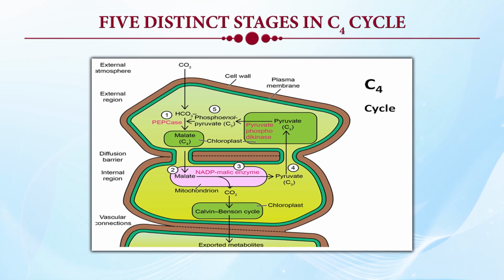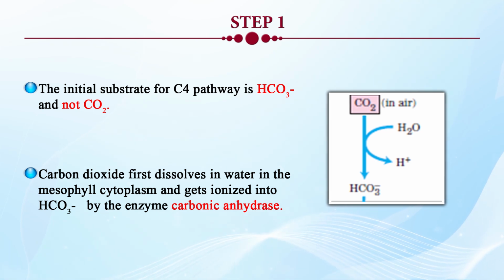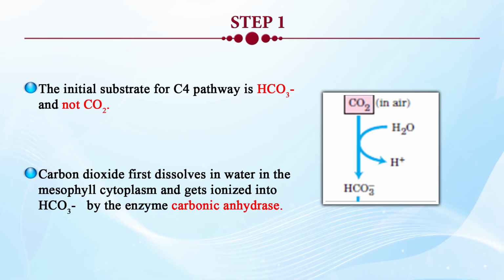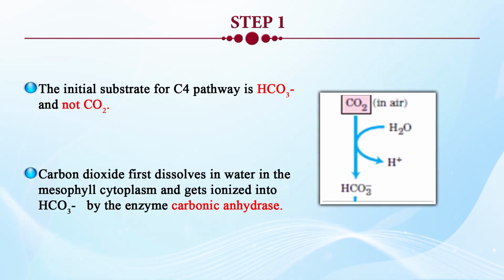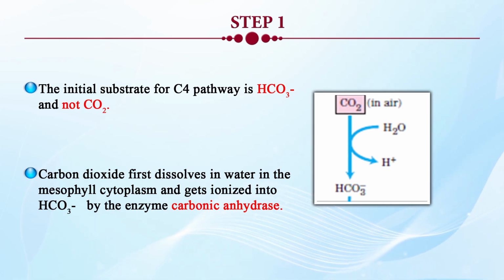So, if you were to look at a summary diagram of the C4 cycle, we find these different pathways which are operative. And if you were to see in detail the different steps, we find that the initial substrate, as I said before, is not carbon dioxide, it is bicarbonate ions. So, definitely when the bicarbonate ion is to be fixed, there is an enzyme called carbonic anhydrase.